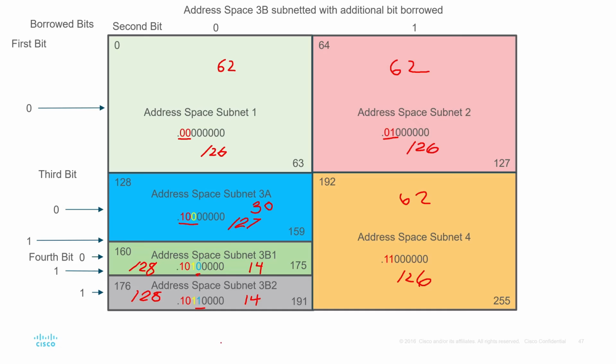Could I further divide these if I wanted to? Yes, I could borrow another bit and cut this space in half. Sometimes people refer to this as subnetting a subnet. Whereas as a company, if I go back to my General Motors, maybe I give subnet 1 to Chevrolet.